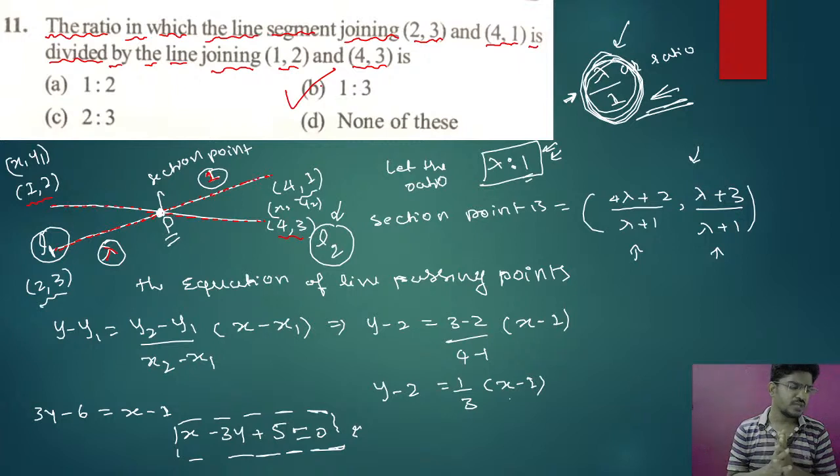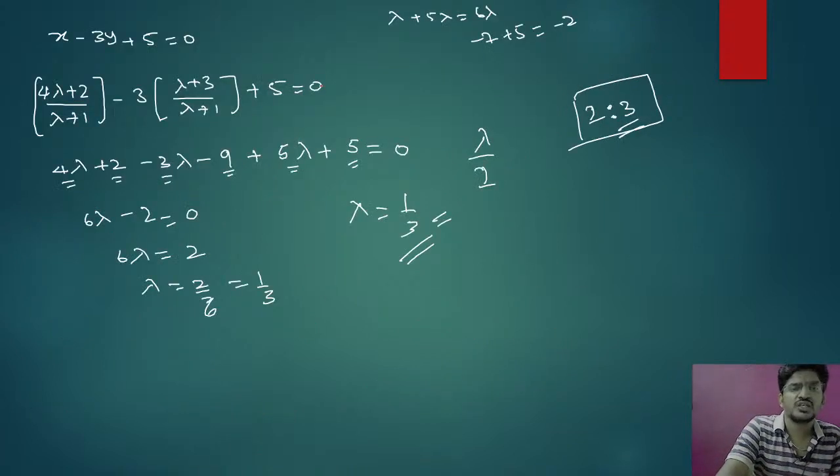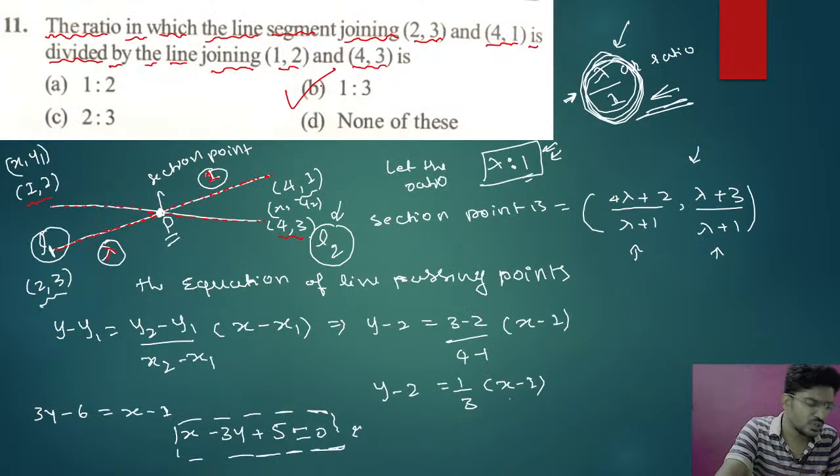That's why I'm telling you, please practice more and understand the concepts very clearly, then you can enjoy the CET problems. See how beautifully they have framed the question so that we can enjoy these problems. Therefore lambda is equal to 1:3, that is ratio 1:3.